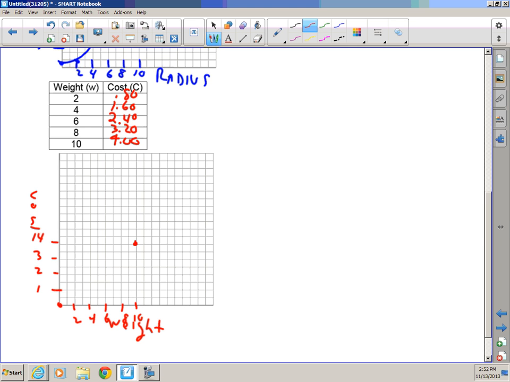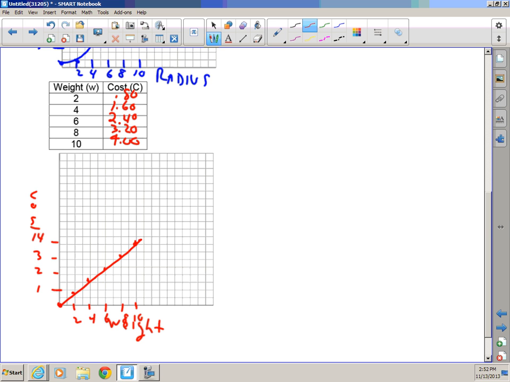And you'll see that we have the following. 4 is about here. 6 is there. 8 is about there.